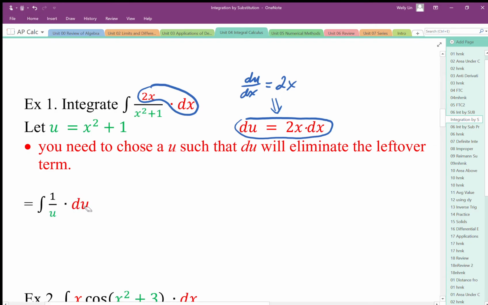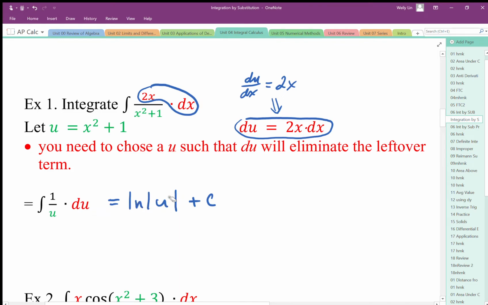We're integrating it with respect to u. Well, that's consistent. So we just need to integrate this like a regular integral. This is a standard integral. The integral of 1 over u ends up being log of u. And then since it's an indefinite integral, we include the plus c. So we've now integrated this expression.